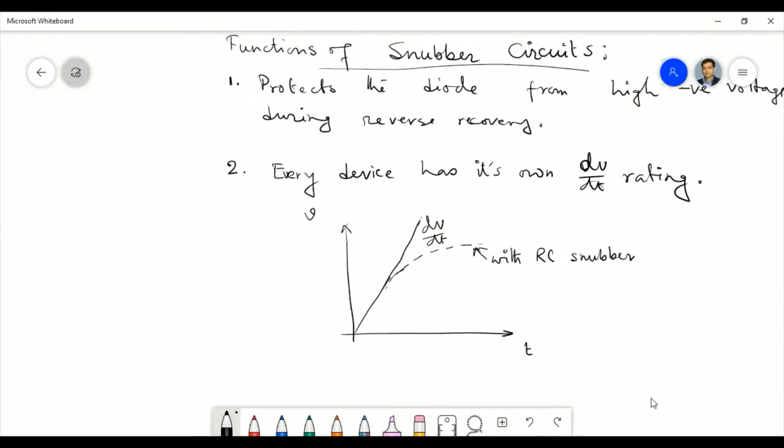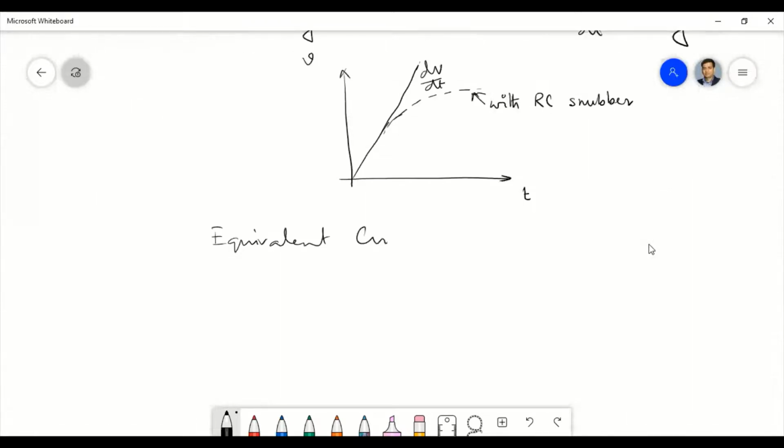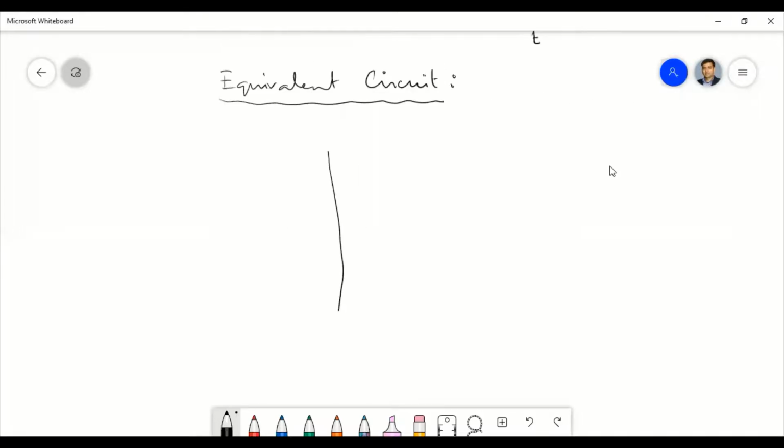Now come to the equivalent circuit of the diode. I think you all know what that is. Before the equivalent circuit, let me discuss the characteristics of the diode. Generally we draw the IV characteristics in the case of a diode.